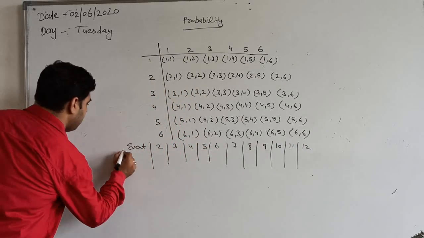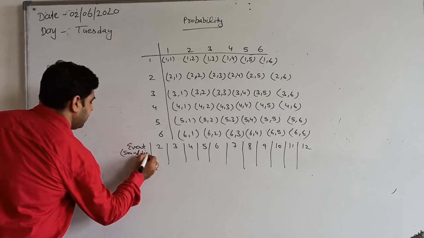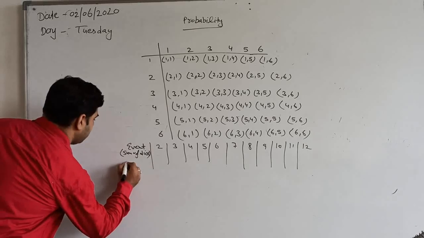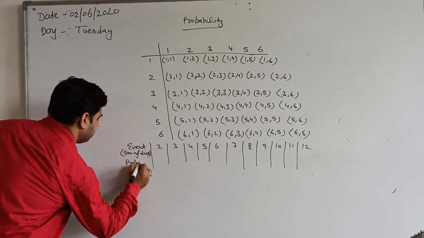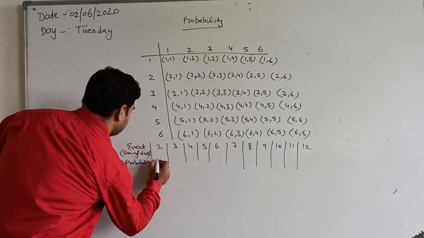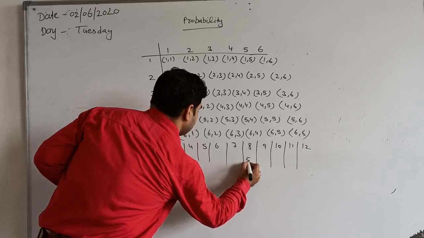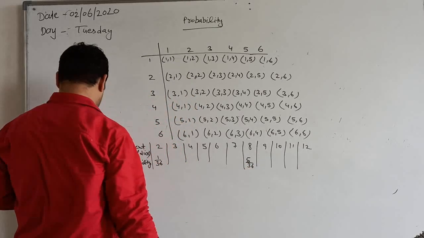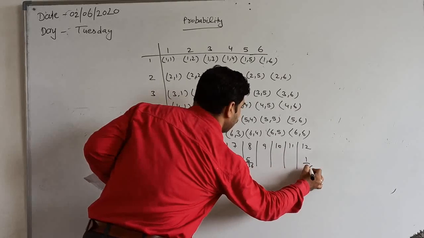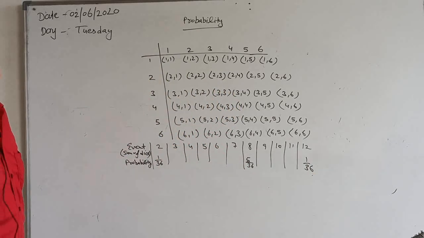Event, sum of dice, and its probability. That is given as 1 by 36, 5 by 36, and 1 by 36. So we have taken the probability there.